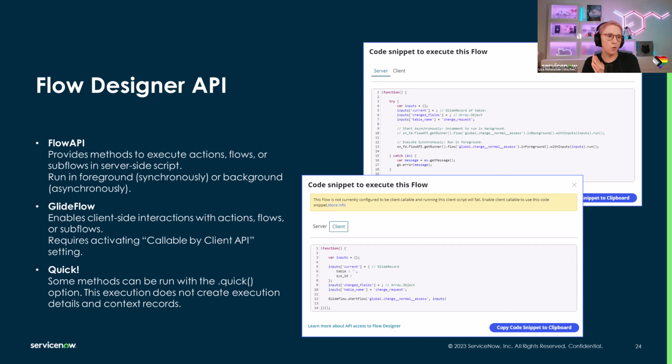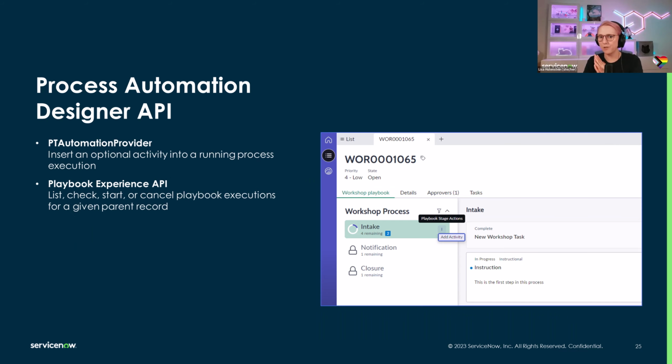Then we'll get over to Process Automation Designer. Process Automation Designer has so far the most limited set of API. They're mostly really backend API that we might be using to run it, to insert an optional activity into a running process.